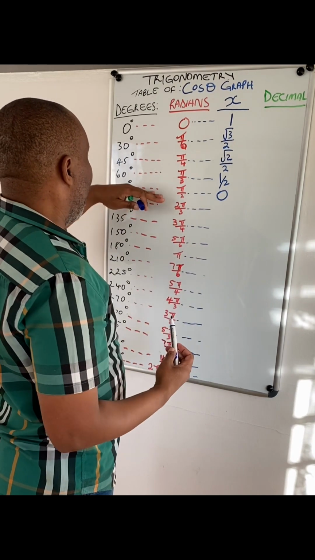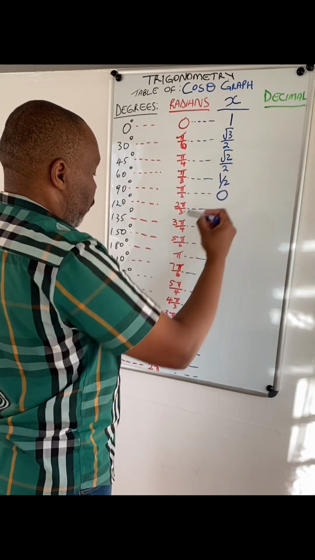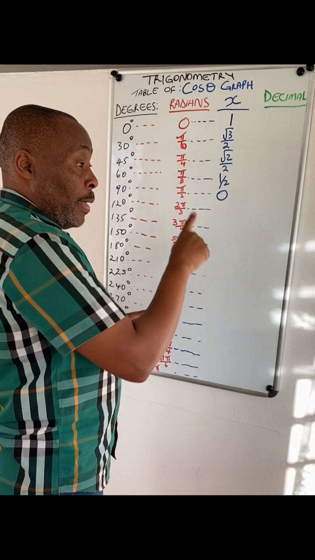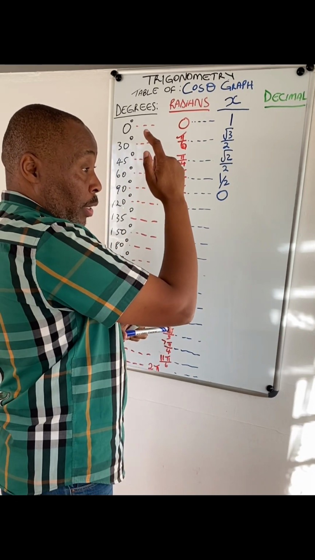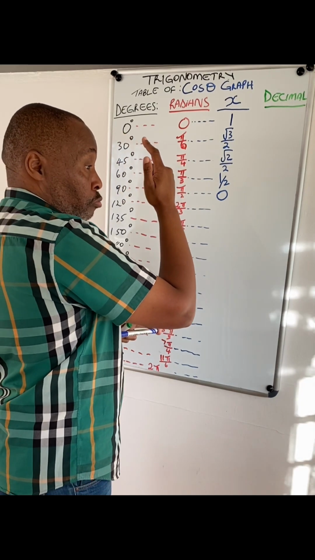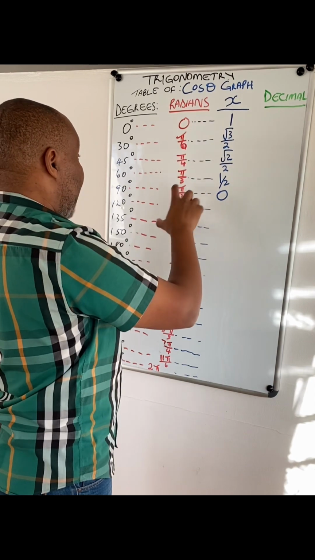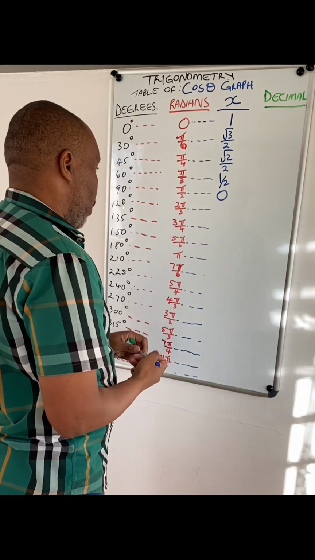You see, from 0 to 90, it's all positive, because in these quadrants, I'm talking sine, tangent, and cos, in the first quadrant, which is from 0 degrees to 90 degrees, they are all positive.